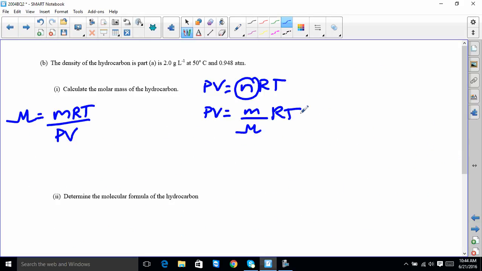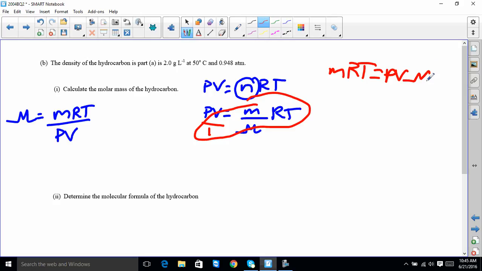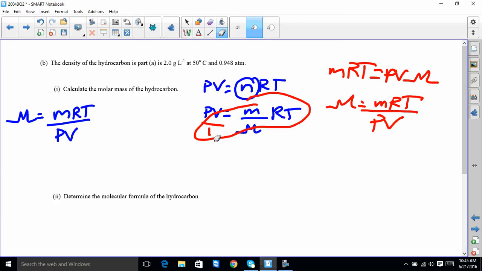Then if you take cross products, putting a 1 here, you end up with MRT equals PV times molar mass. And if you're solving for molar mass, you get MRT over PV.